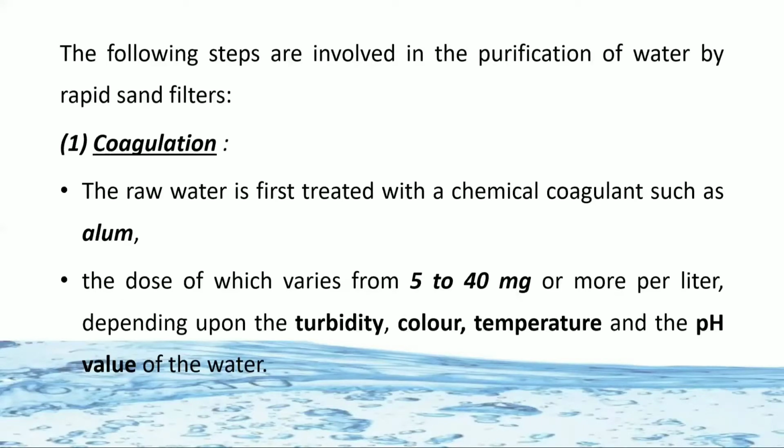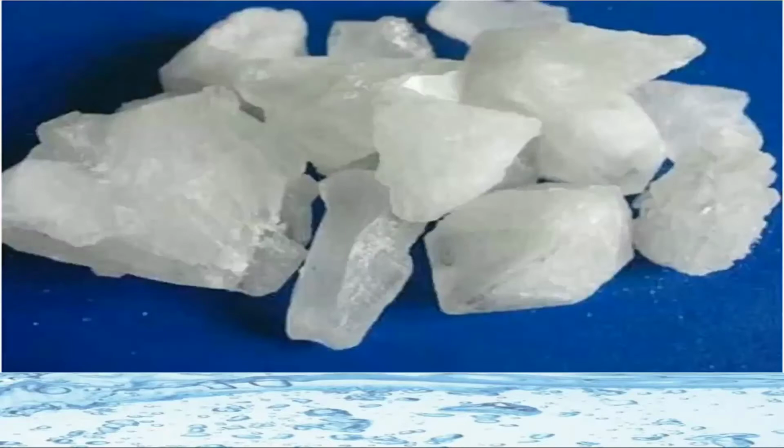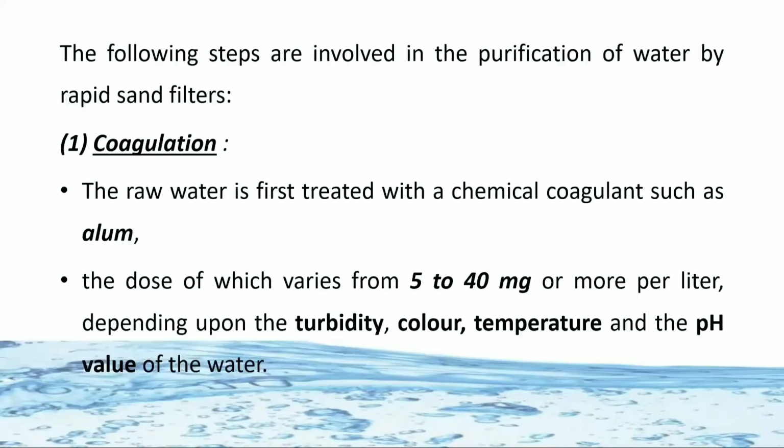Coagulation means the particles come together. How does coagulation take place? The raw water is treated with a chemical coagulant such as alum. Alum means turti. You can see alum in the image. Initially the raw water is treated with alum.